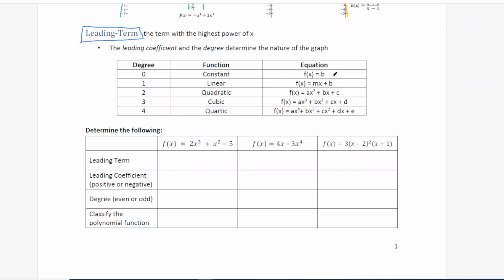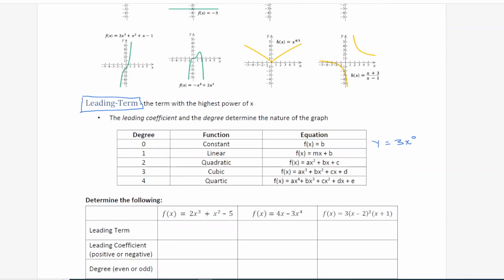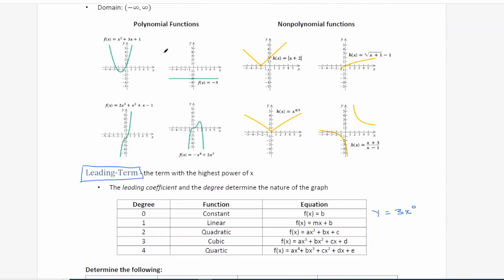So for example, if you look at an equation like f of x is equal to b, that would be something like y is equal to 3. There is no x because the exponent on x would be 0, which is why this is a degree 0, and this would be a constant function. This would actually be this graph down here. So this is an example of a constant function because it doesn't change.